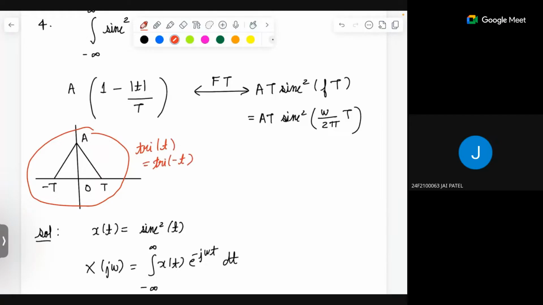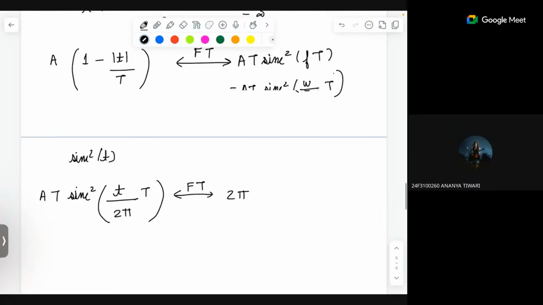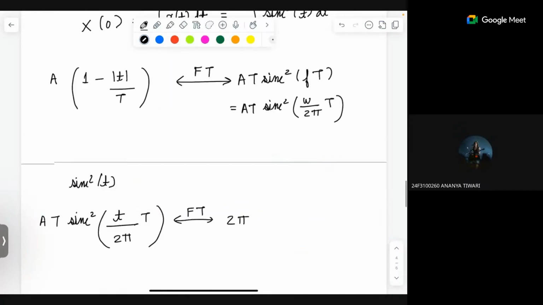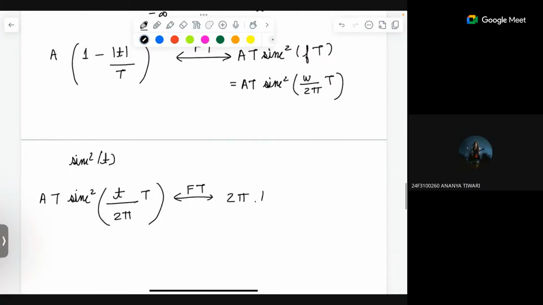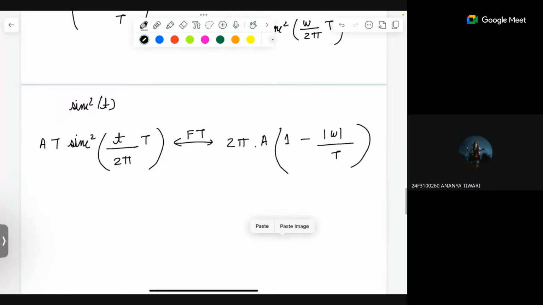In the duality, we make it minus, but since here it is even, it will stay as it is. So 2 pi into A times 1 minus mod of omega by capital T. This is what we have. Is this clear? Just the duality property usage.